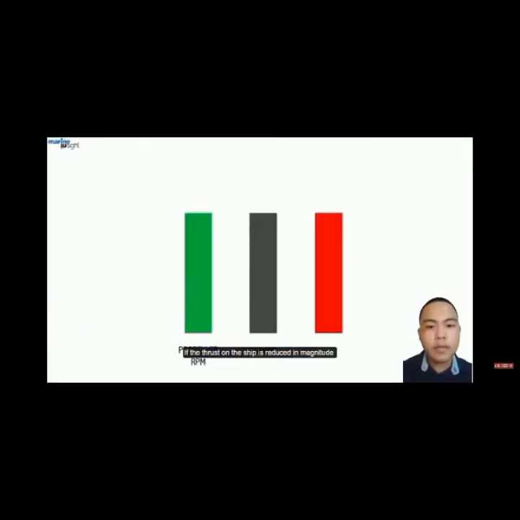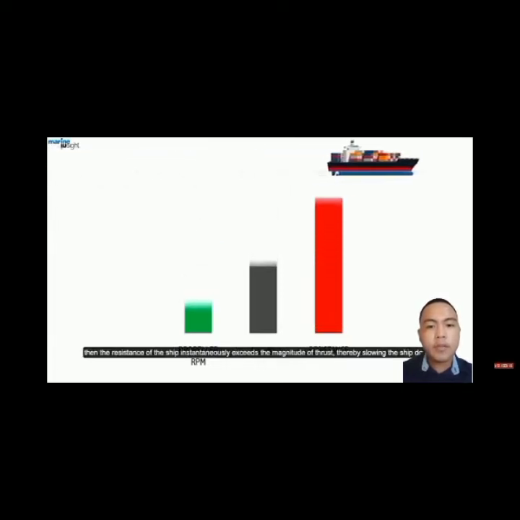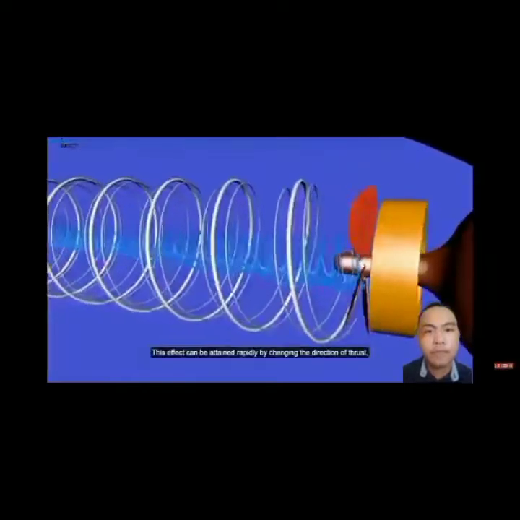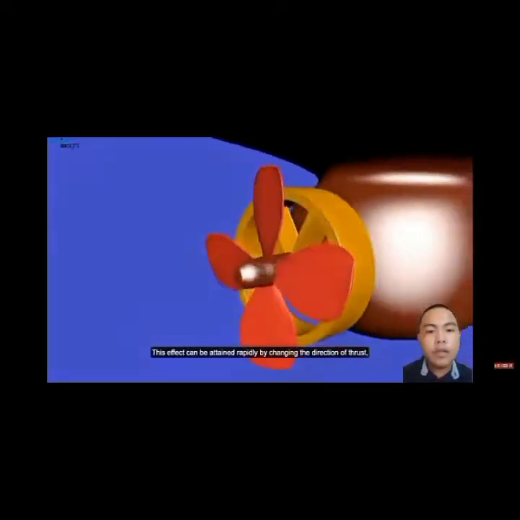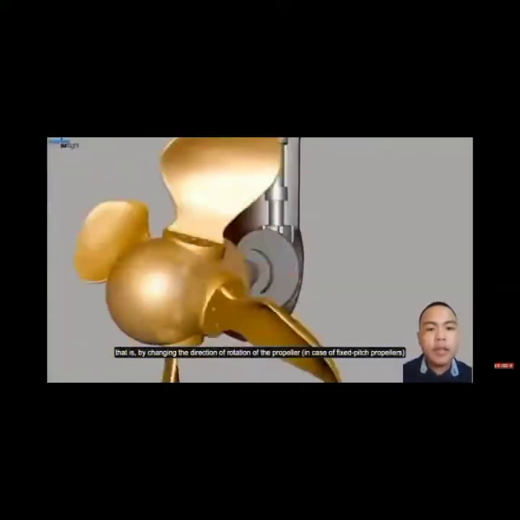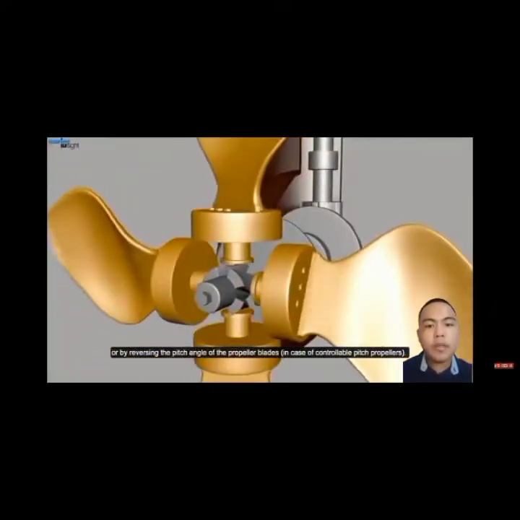If the thrust on the ship is reduced in magnitude, which is achieved by decreasing the RPM of the propeller, then the resistance of the ship exceeds the magnitude of thrust, slowing the ship. This effect can be attained more rapidly by changing the direction of thrust, that is, by changing the direction of rotation of the propeller.